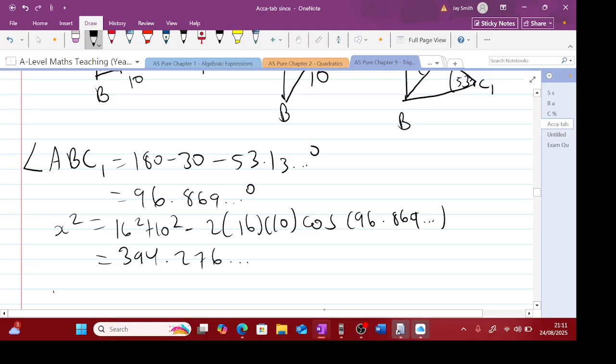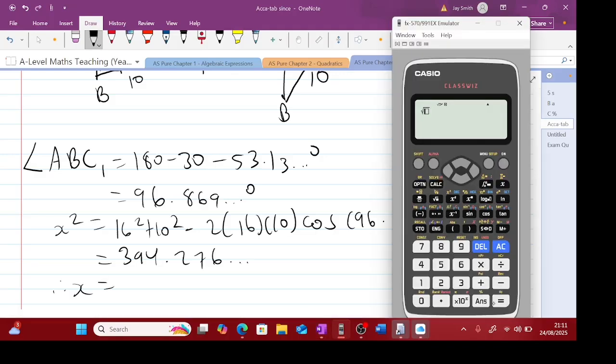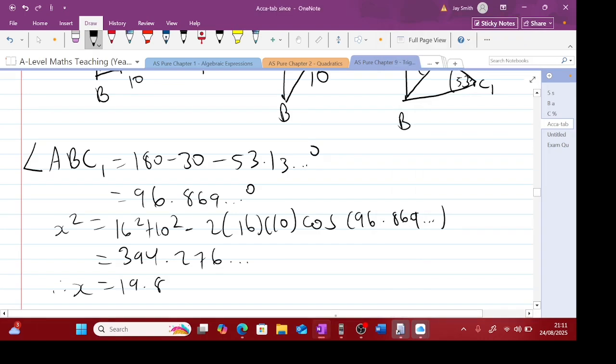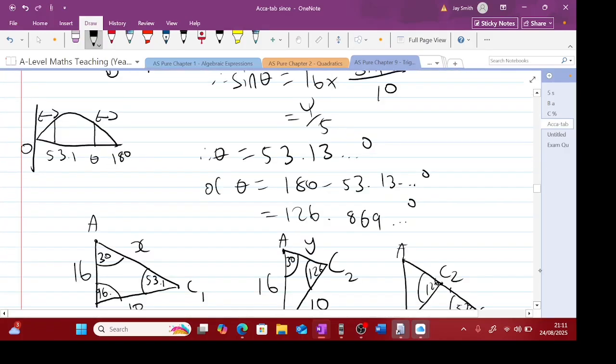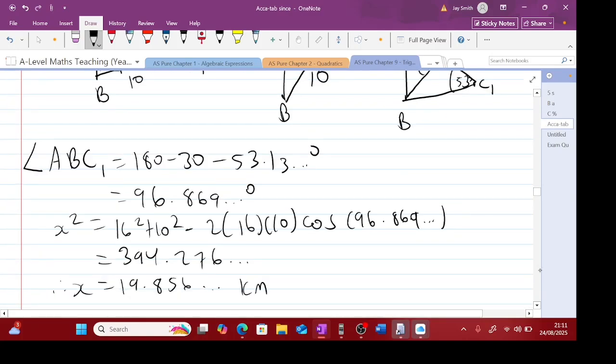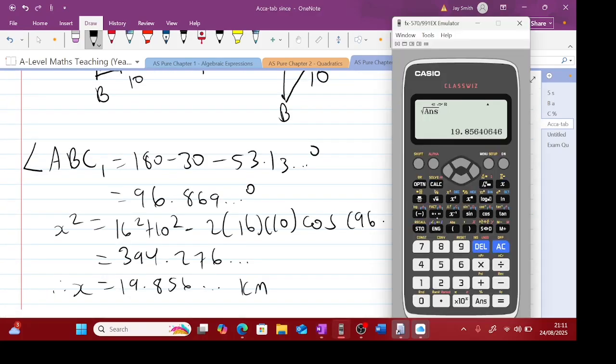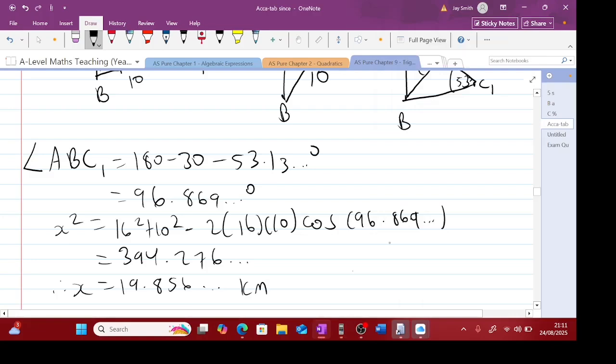Therefore, x, square root it, I get 19.856. Meters, is it? Kilometers. Okay. Kilometers. So I can store that as, say, the next letter B. There we are.